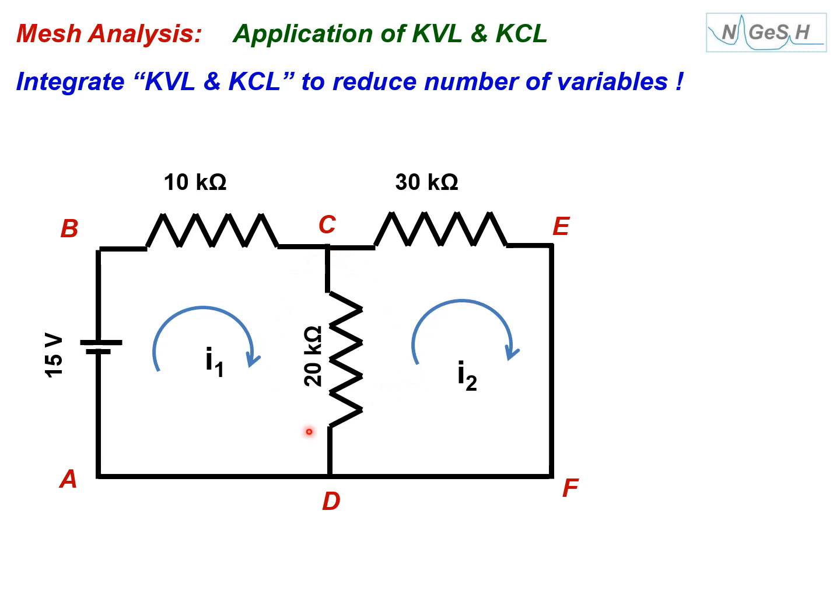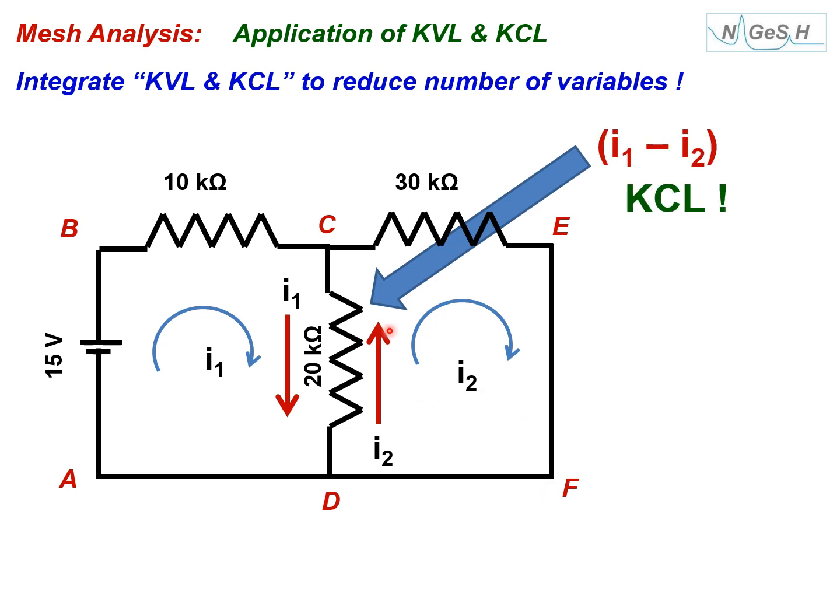Now let's focus a little on this point which is common to both the meshes. Here the current I1 is flowing in this direction because of this mesh, and current I2 is also flowing in this direction. So effectively the current I1 minus I2 is flowing. Here we are implicitly applying Kirchhoff's current law.